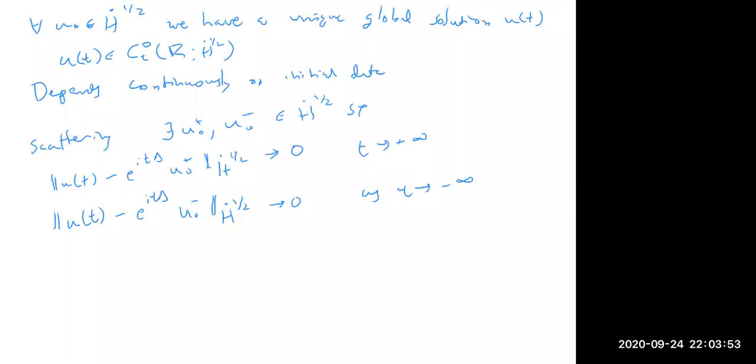Okay, so what would happen if it does not? Then you have blow up. If no scattering, then blow up. The blowups are divided into 2 categories, called type 1 and type 2.